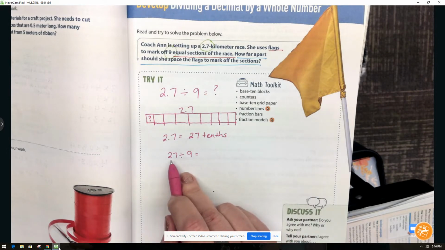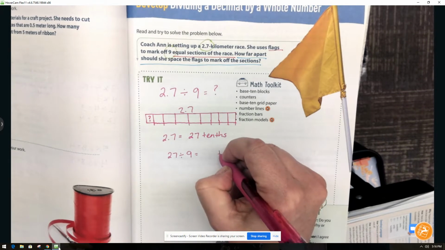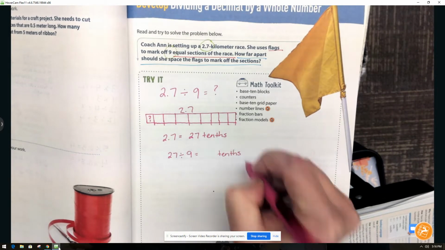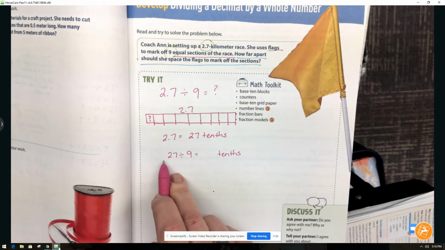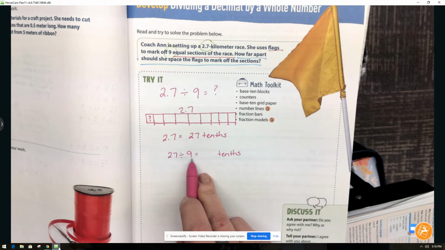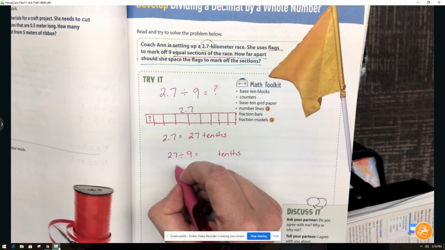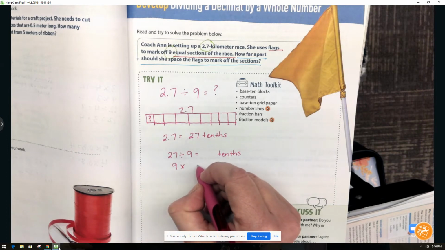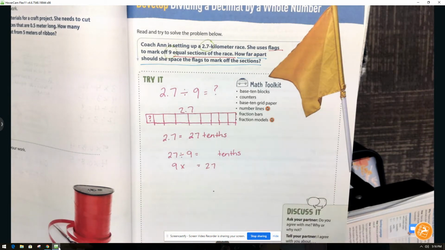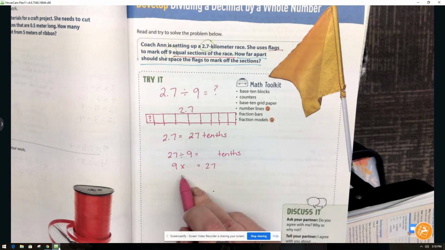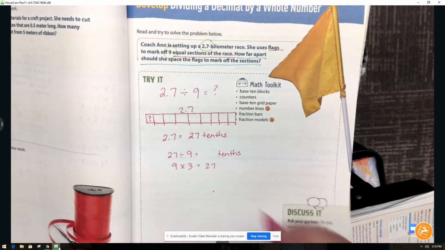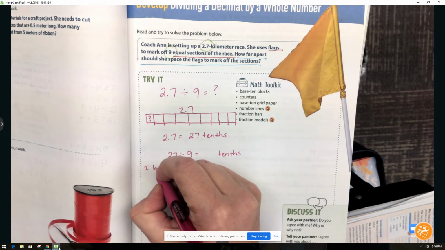That might be a problem that you know how to do. But remember, this is not 27, this is 27/10. So our answer is going to be in tenths. So the math fact that we know, we might not know what 27 divided by 9 is, but what do we know that 9 times a number equals 27? And that's right, 9 times 3 equals 27.